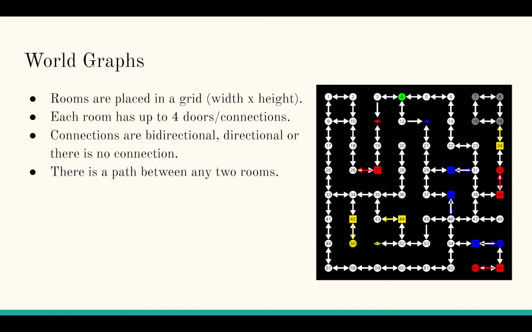And it just helped with the runtime to solve the actual rooms. So they're either bidirectional, directional, or not connected, no connection. And then every room has a path. There exists a path from any room to any other room. That's just to make sure you don't get stuck.